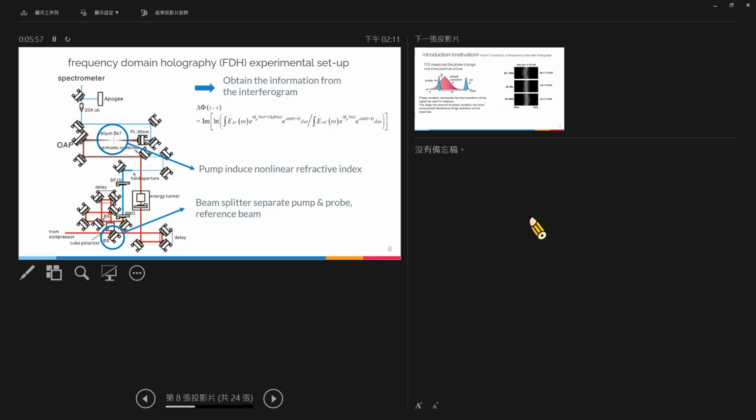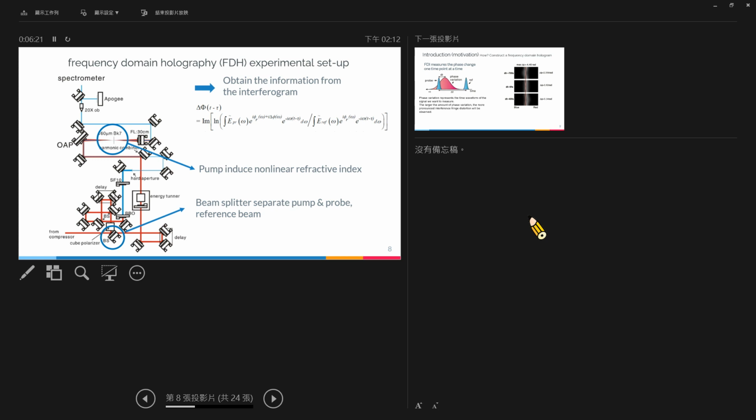So how to set up an experiment of FDH? First, we want to have three pulses: the pump pulse, the reference pulse, and the probe pulse. An initial pulse gets in here, and a beam splitter will separate the pump pulse to this lane here, and it will eventually go up here.